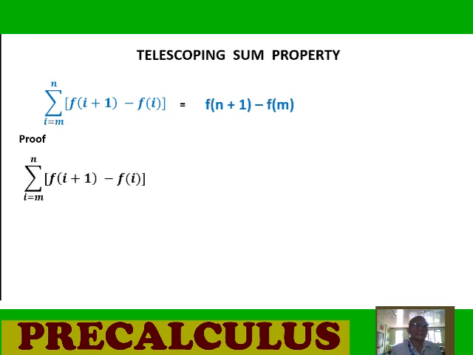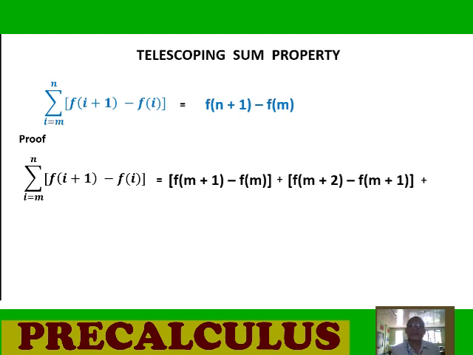So if we substitute i starting from m, then that is equal to f of m plus 1 minus f of m. The next term, m is increased by 1, so f of m plus 2 minus f of m plus 1.